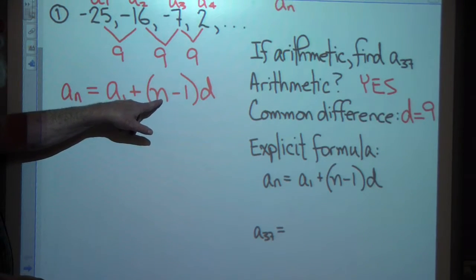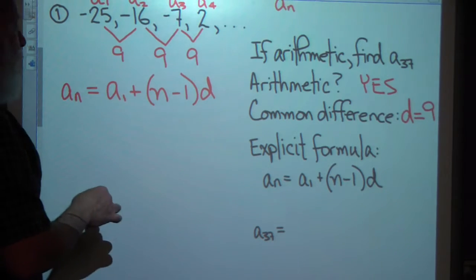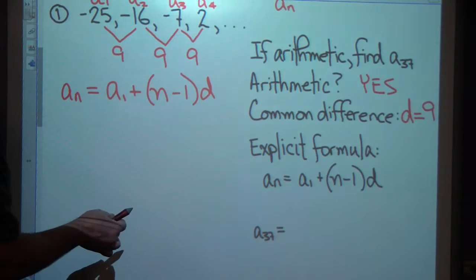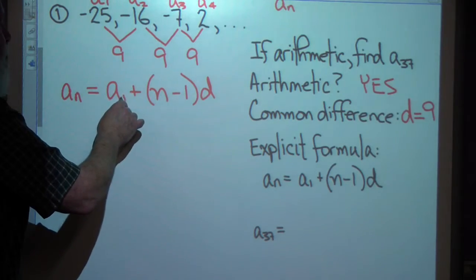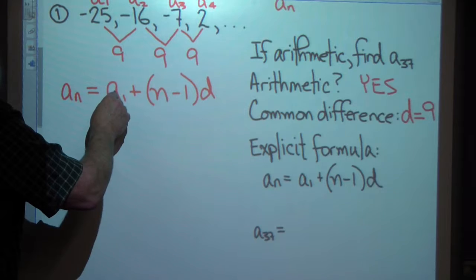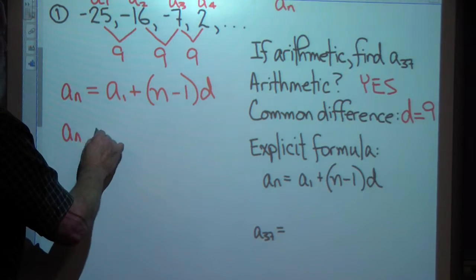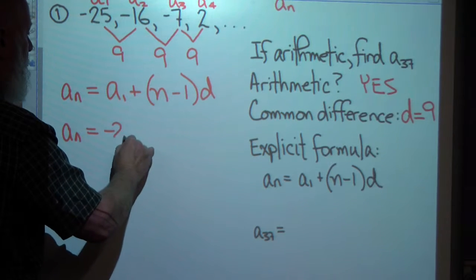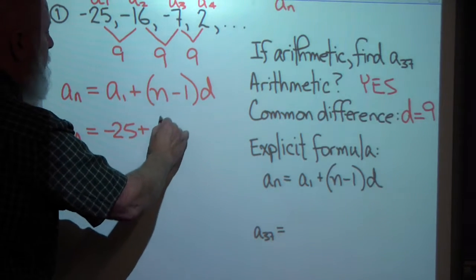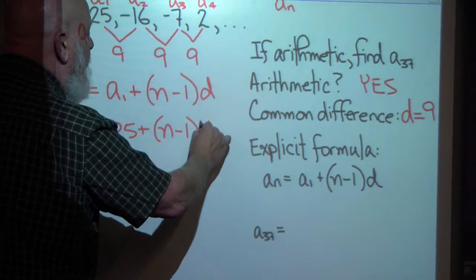Here, a sub n is the nth term of the sequence, and n is the number of the term we're looking for. So let's take a look at what we've got here. If I were going to try to find the explicit formula, I need the first term, which is negative 25, plus n minus 1 times d. Don't know how many terms there are, but I do know the common difference.